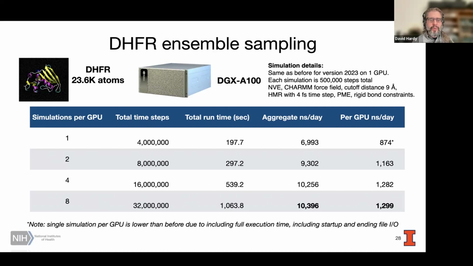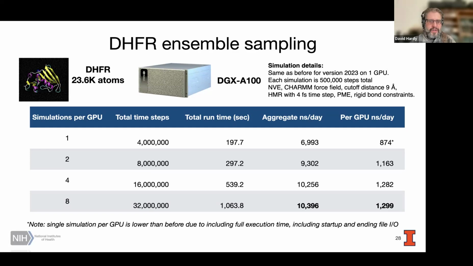And so here we're running the little 24,000 atom benchmark system again, and we're seeing that if we're running one simulation per GPU, we're getting around 874 nanoseconds per day.